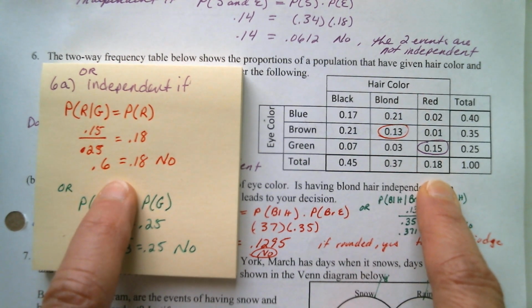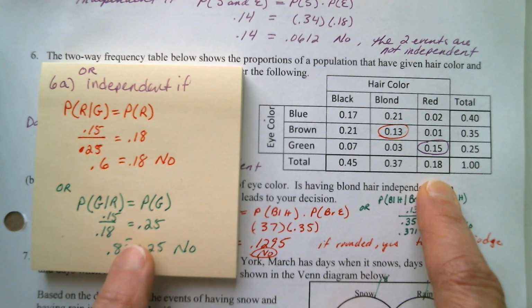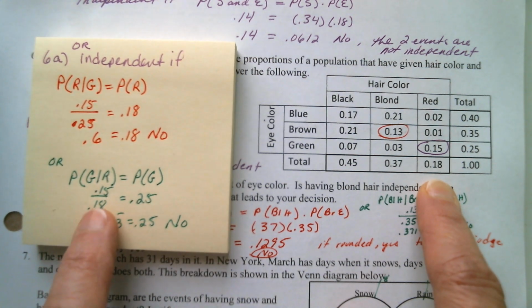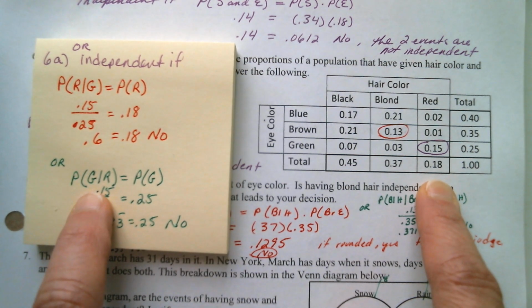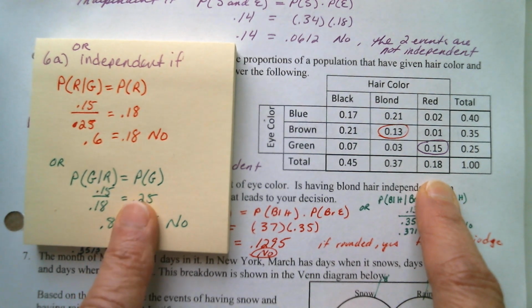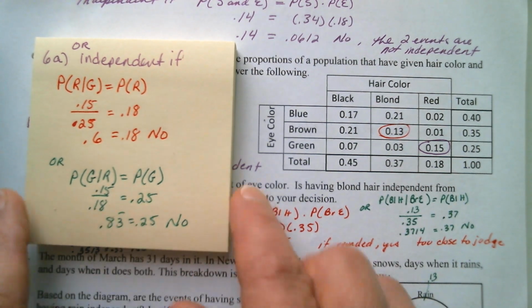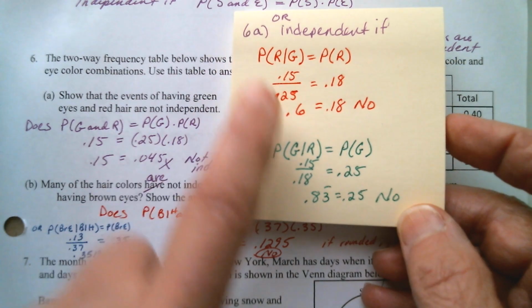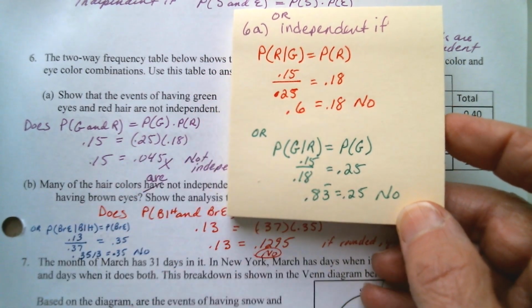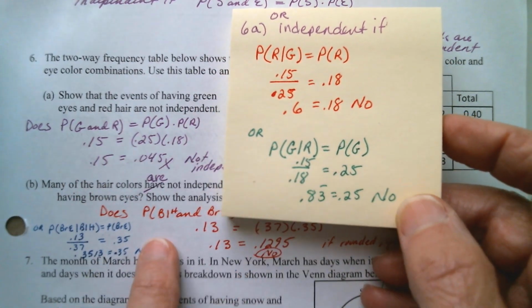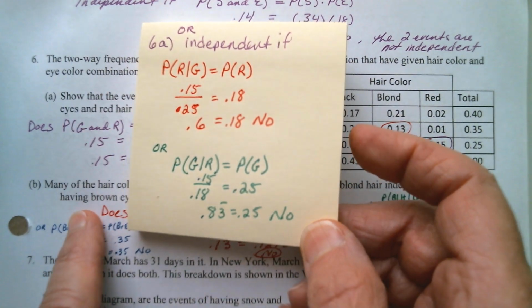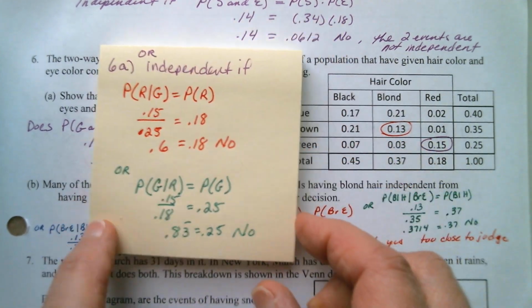No, those are not equal, so they're not independent. Or they are independent if the probability of green eyes given red hair equals the probability of green eyes. So again, you can use any one of these three. You don't have to show all three. Any one of these three would be correct in answering question 6a.